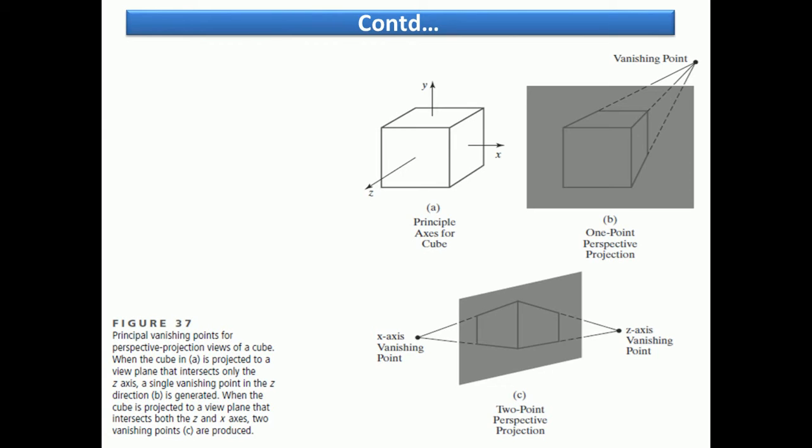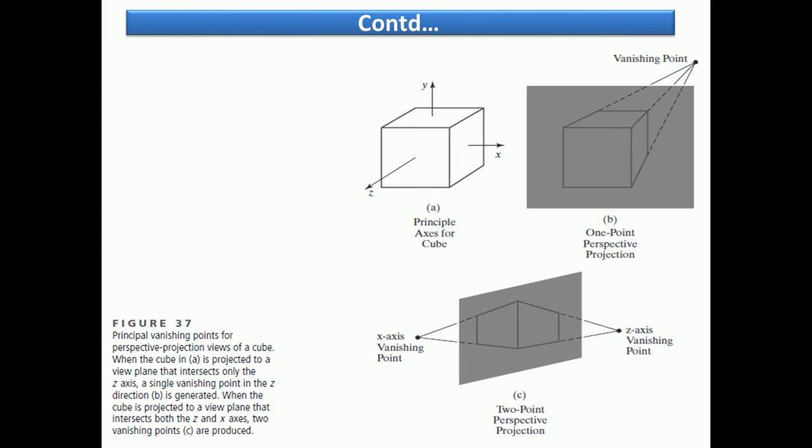In the projected view, that is, you can observe in figure B, the view plane is aligned parallel to the xy object plane so that only the object z axis is intersected. This orientation produces a 1 point perspective projection with a z axis vanishing point.